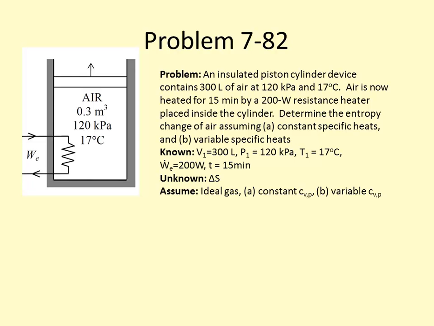So we can interpolate using the known value for enthalpy to find our reference entropy value. S2 superscript 0 is equal to 2.5628 kilojoules per kilogram Kelvin. So that's S2.